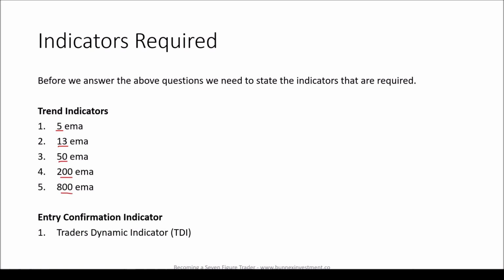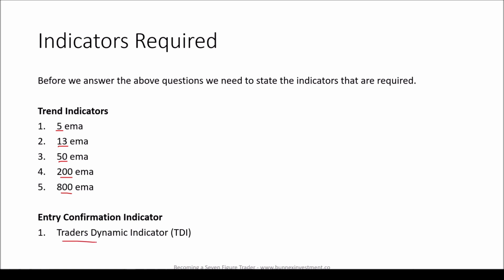For the purposes of those who know these indicators or have already set them, this is a time to re-evaluate how we use them. As I've said at the beginning of this course, we need to wipe away everything that we know about trading so that we install new stuff and updated content. Then on the entry confirmation side, we have the Traders Dynamic Index.